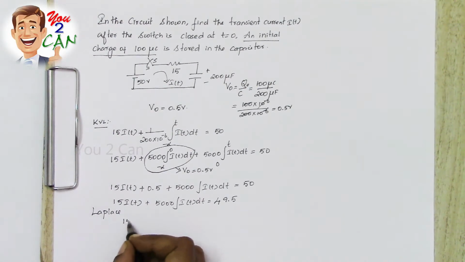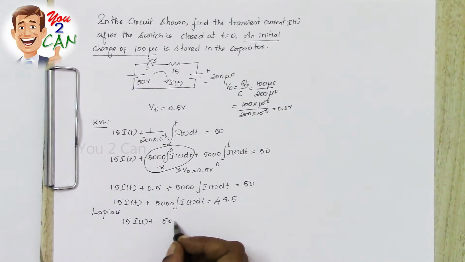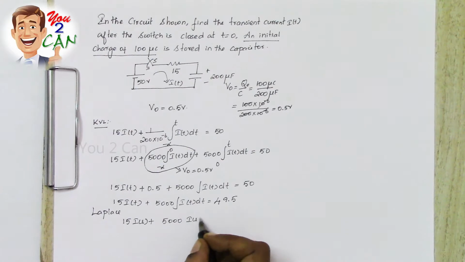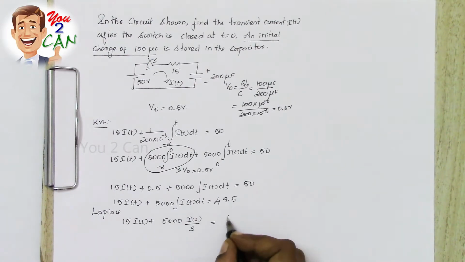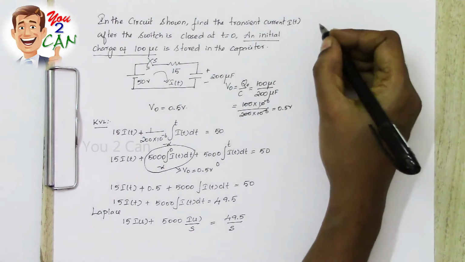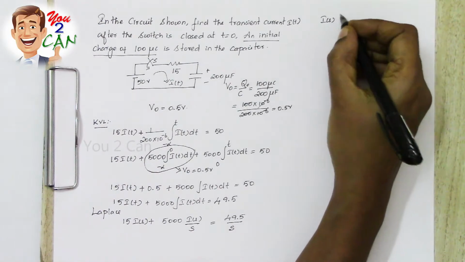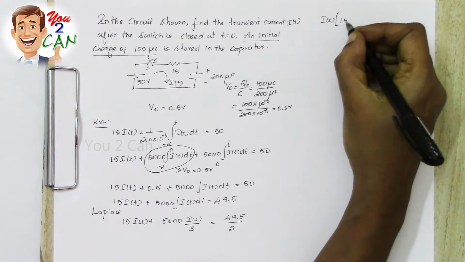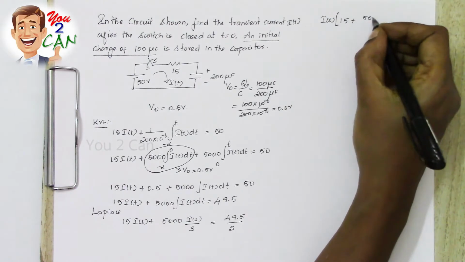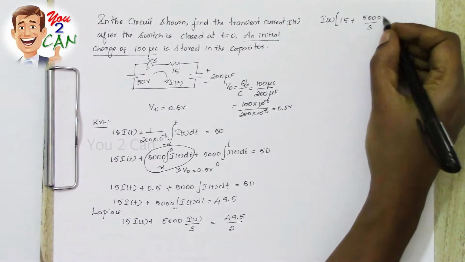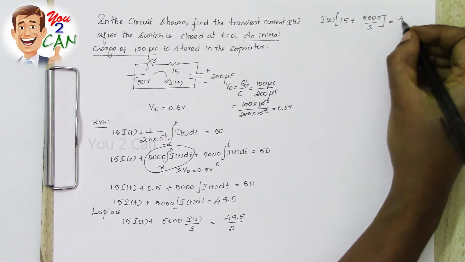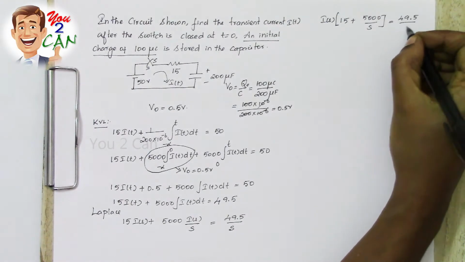So 15 I of s plus 5000 I of s by s equals 49.5 by s. Now take this I of s common outside. It will be 15 plus 5000 by s, which will be equal to 49.5 by s.